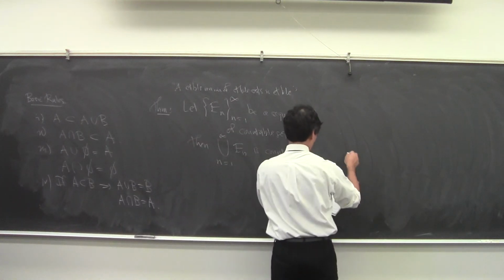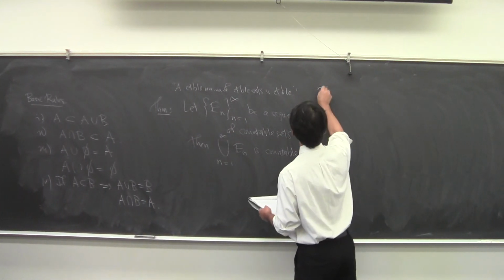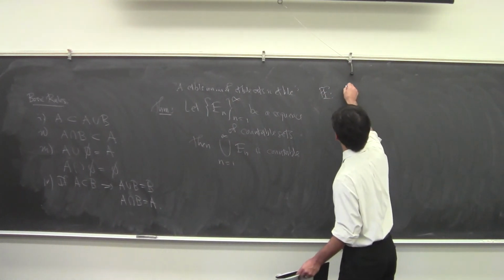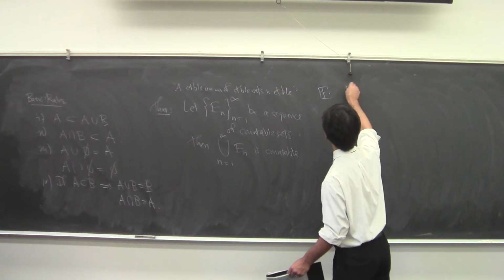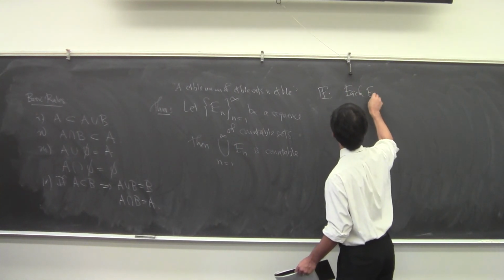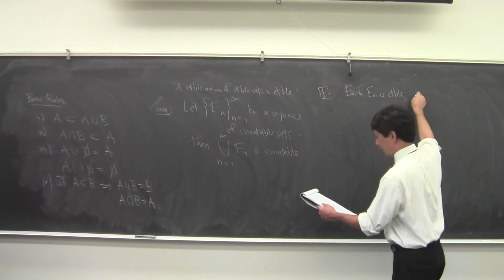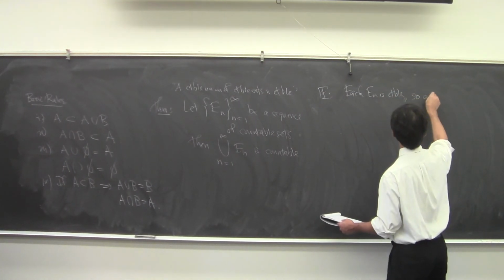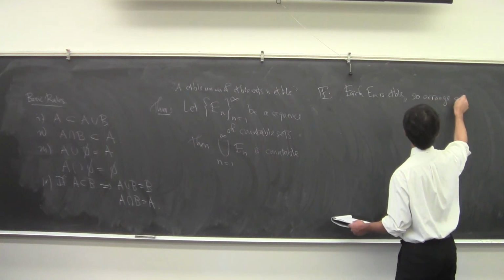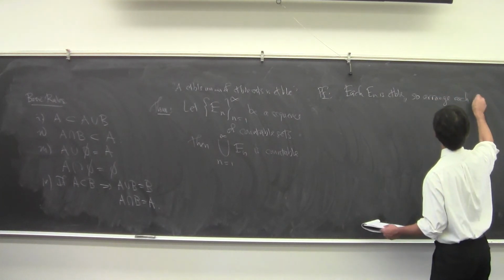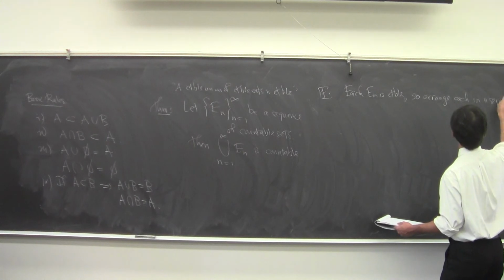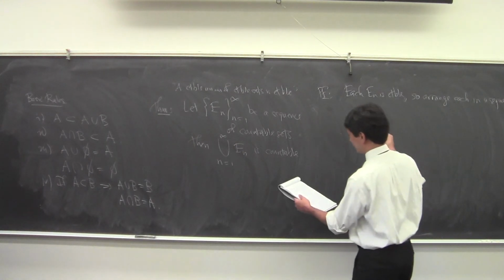Okay, so here's the proof. You say, okay, take each E sub n. Each E sub n is countable. So arrange each in a sequence.